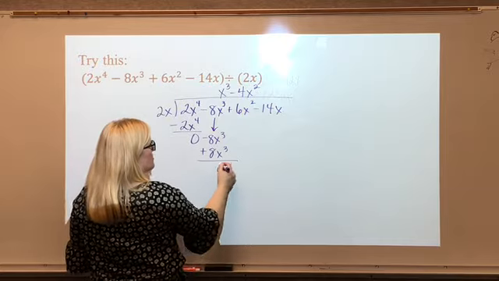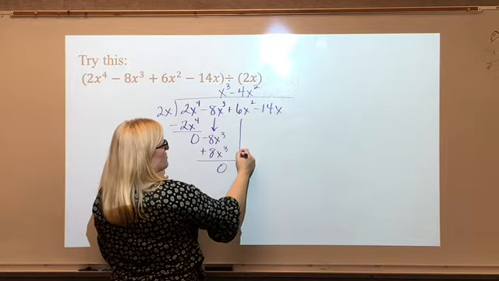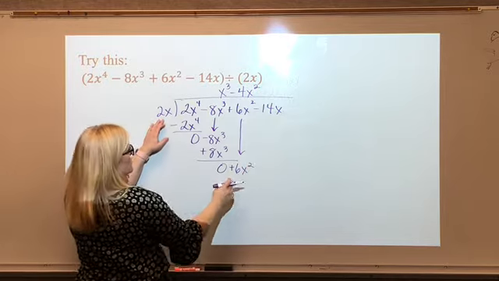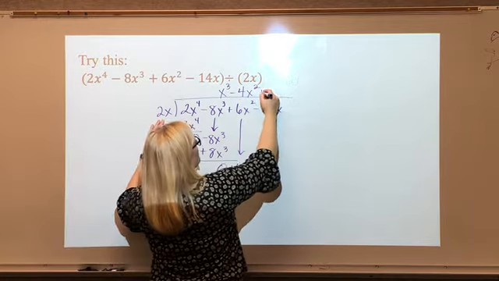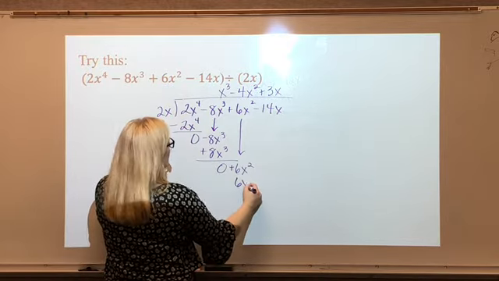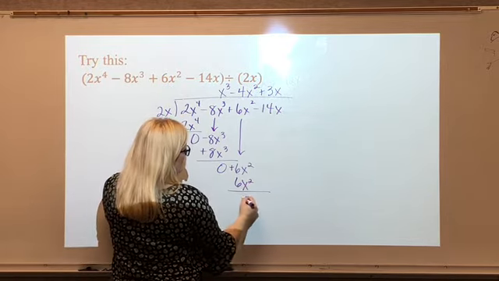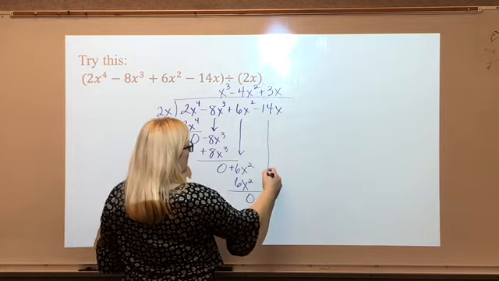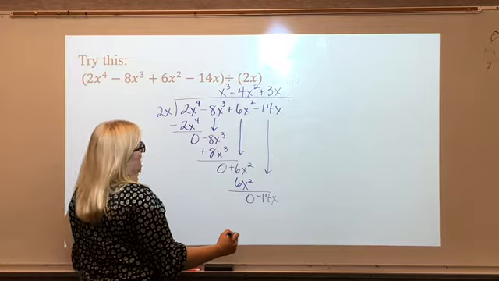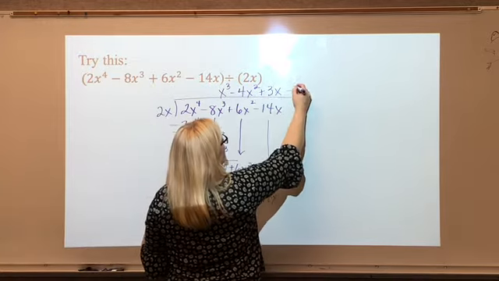I subtract that, so that means that that changes that sign. Okay? So that's 0. Drop this down. 6x squared. So 2x goes into 6x squared 3x times. Okay, so that gives me 6x squared. Subtract it, I get 0. And finally, I drop down negative 14x, and this gives me negative 7.